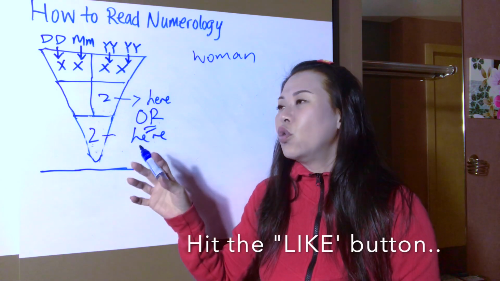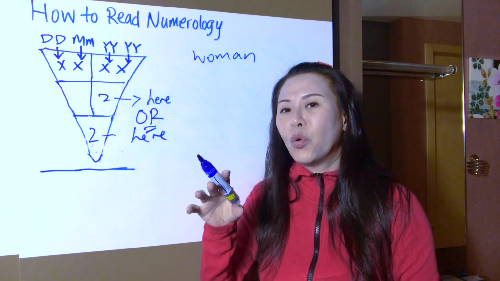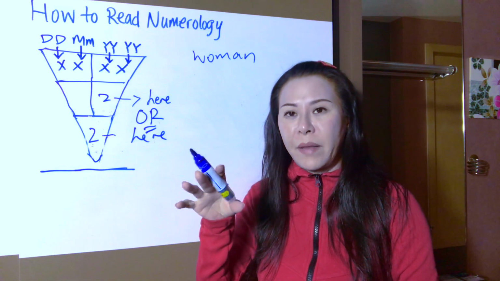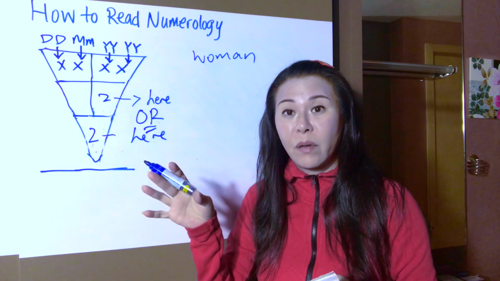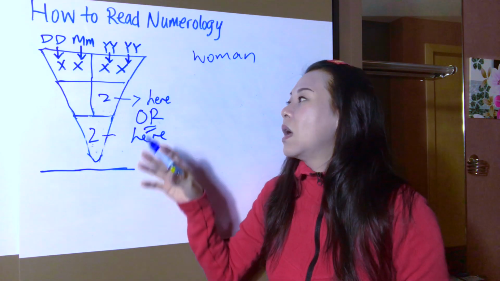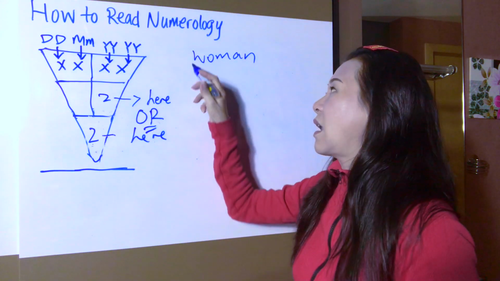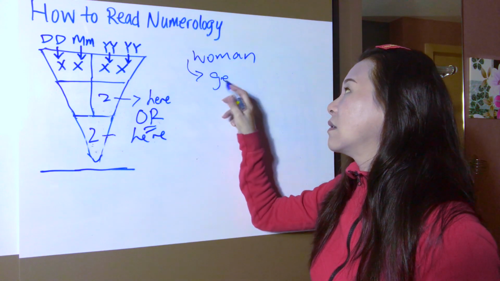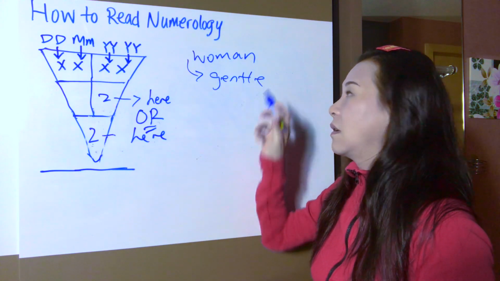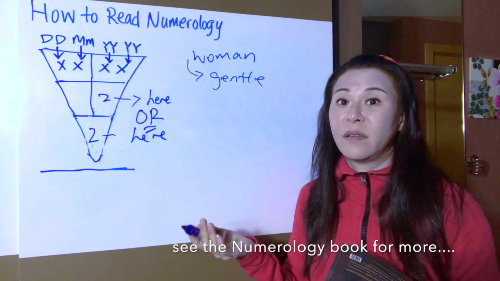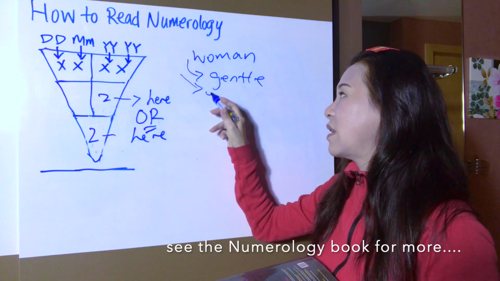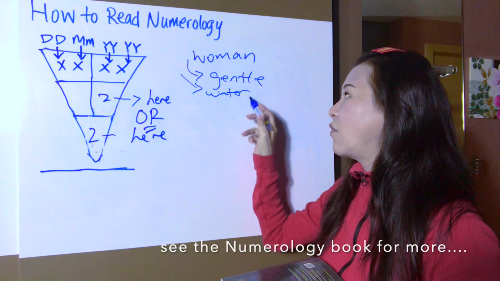But for 2, after the 2, we know the first person on earth is a man, Adam, right? The second person on earth is a woman, Eve. So what are the woman characteristics? Gentleness. Women have characteristics like gentleness, as a representation of water features.